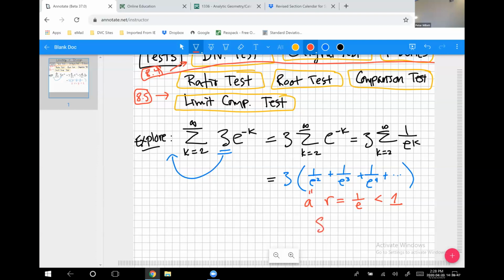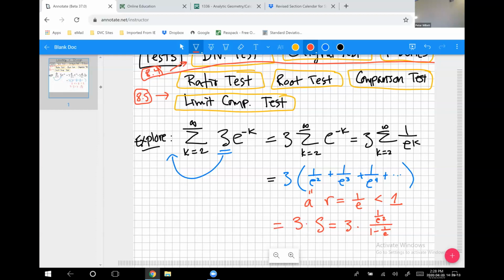So that would be that the sum is equal to, I'm going to put it this way, 3 times the sum for what's in here is equal to 3 times, and for the sum we would do A, which is 1 over E squared divided by 1 minus R value of 1 over E.